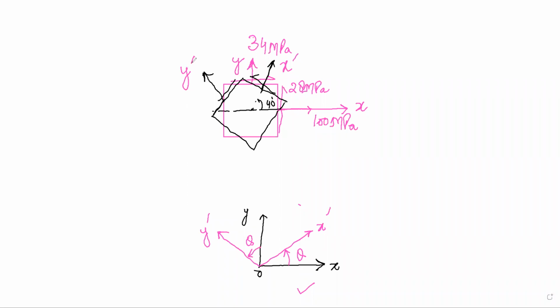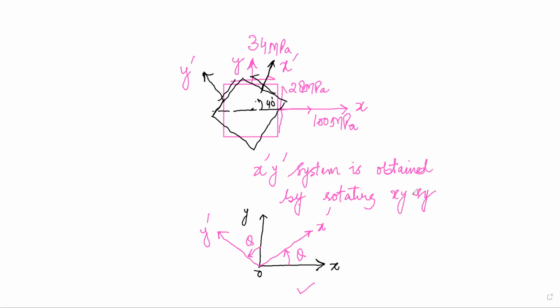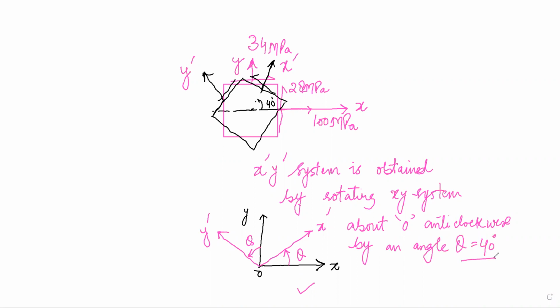We can say that the x prime y prime system is obtained by rotating the xy system about O, anti-clockwise, by an angle theta equal to 40 degrees.